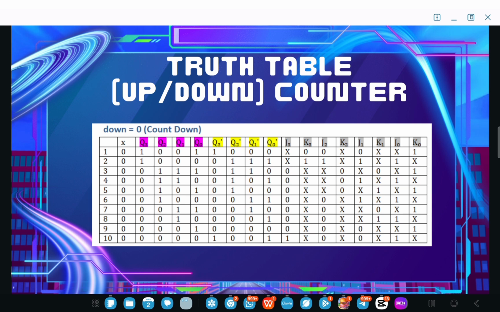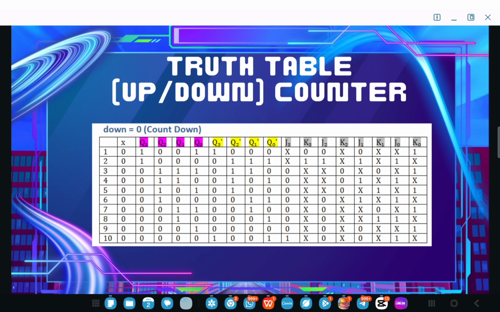Since this is a mode 10 counter, it only counts from 0 to 9. After 9, it goes back to 0 when counting up, and if counting down, it goes from 0 back to 9.